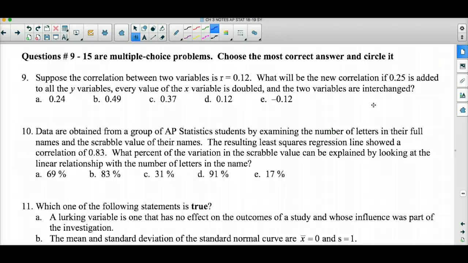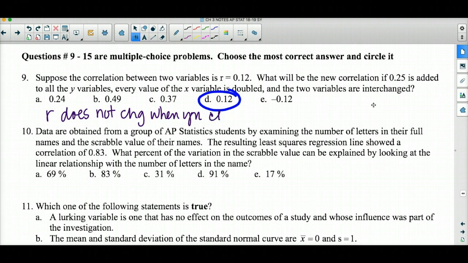Why? That's right. R does not change when you change units. R is independent of units. It's independent of who you assign x and y. It doesn't matter. R will stay the same.